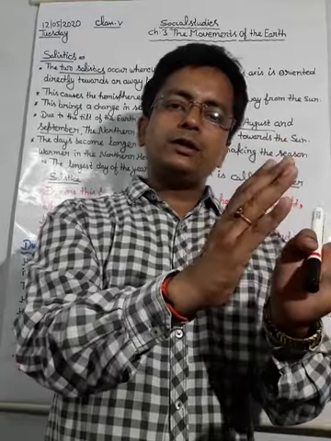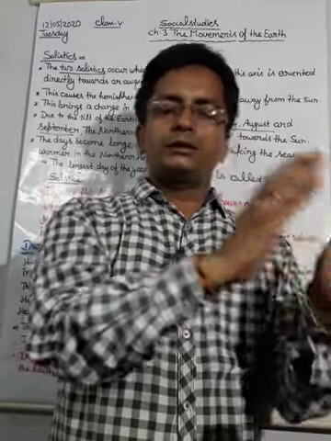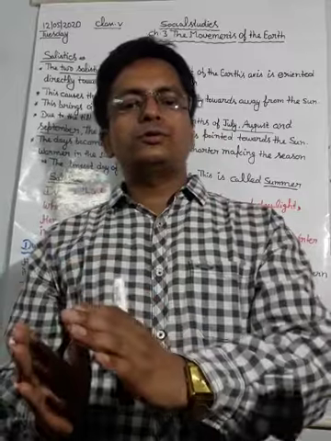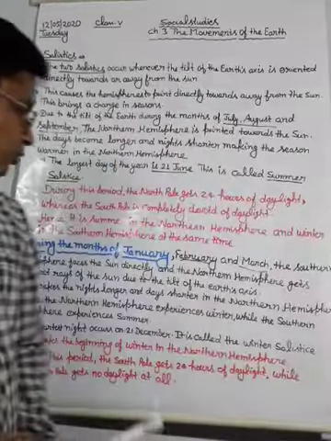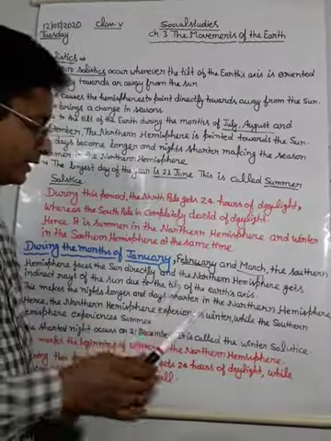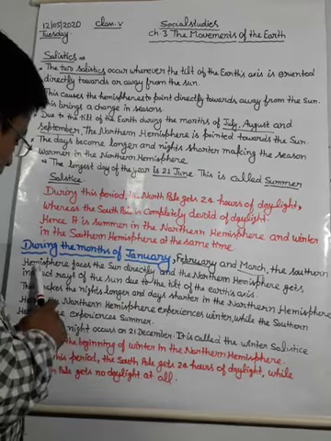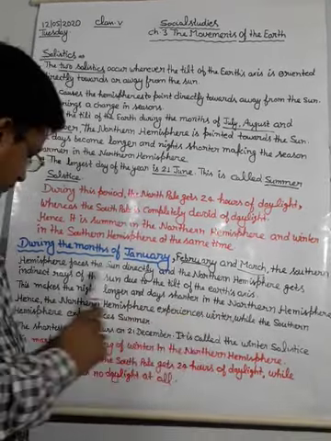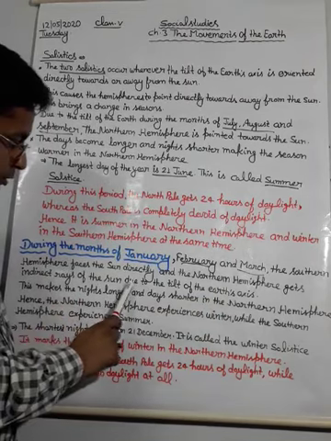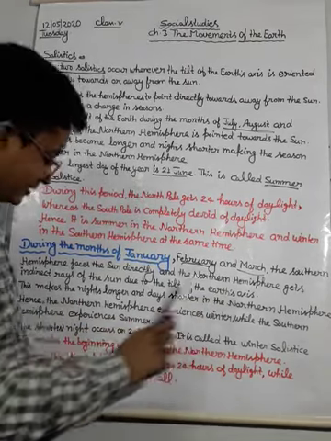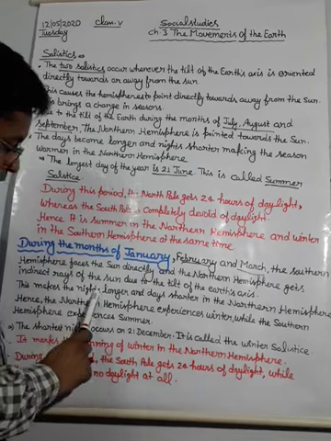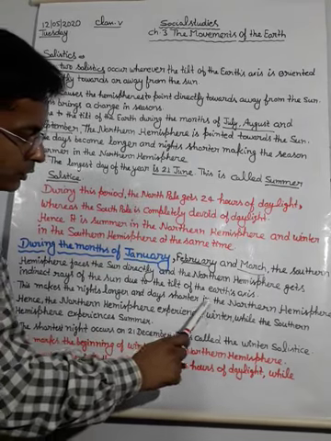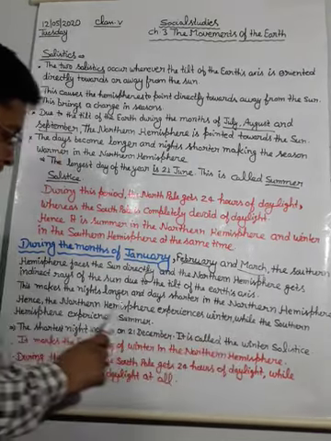Northern hemisphere away from the sun and southern hemisphere close to the sun. So what happens at that time? The southern hemisphere faces the sun directly and the northern hemisphere gets indirect rays of the sun due to the tilt of the earth's axis. This makes the nights longer and days shorter in the northern hemisphere.